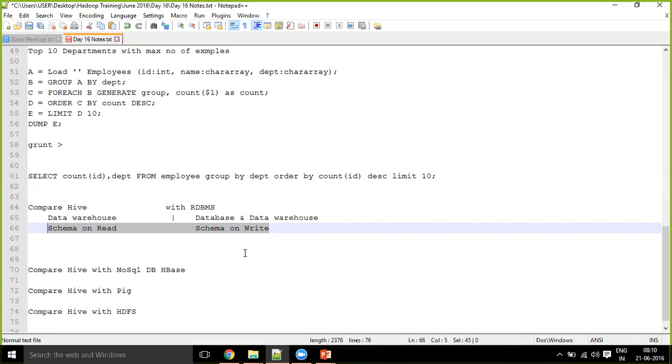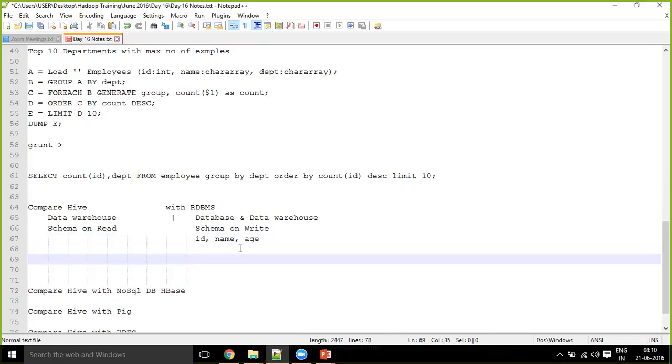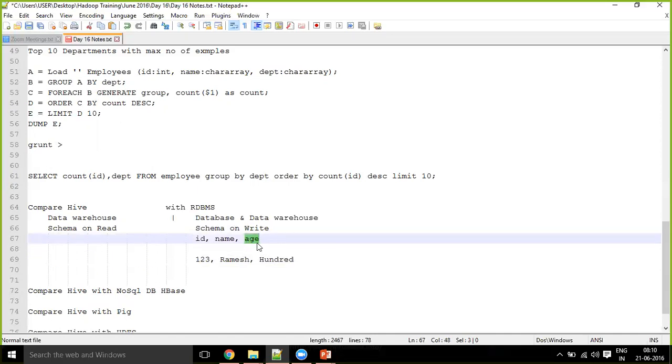Let's say you have a record with ID, comma, name, comma, age. And you are passing ID as 123, name as Ramesh, and age as 100. It will throw an exception, or it will stop you saying schema mismatch. This age column expects an integer value, but you are giving a string value.